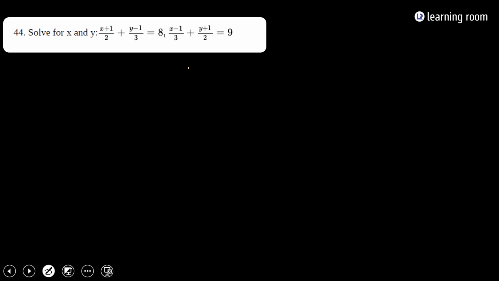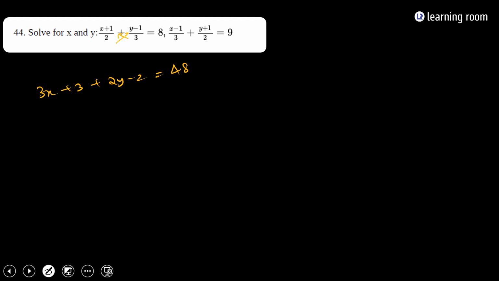Cross multiply. So 3x plus 3 plus 2y minus 2 is equal to 48. I took the LCM, which came out to be 6, and took the 6 to the other side, it became 48.